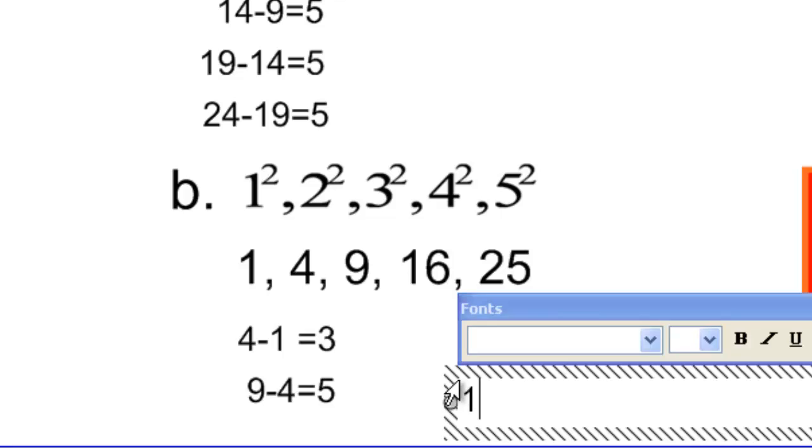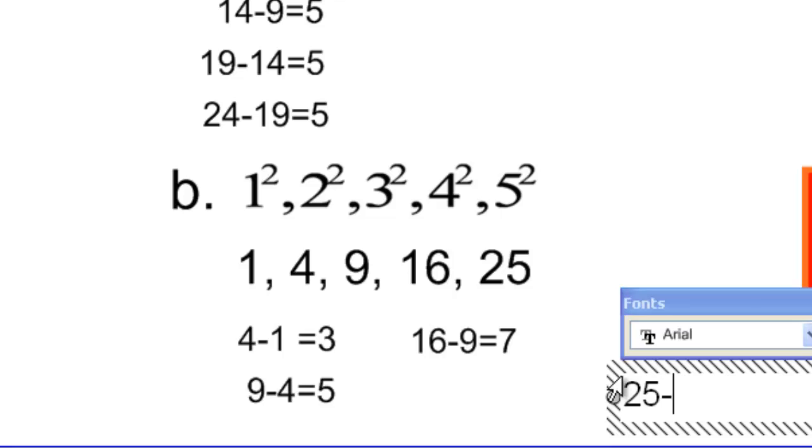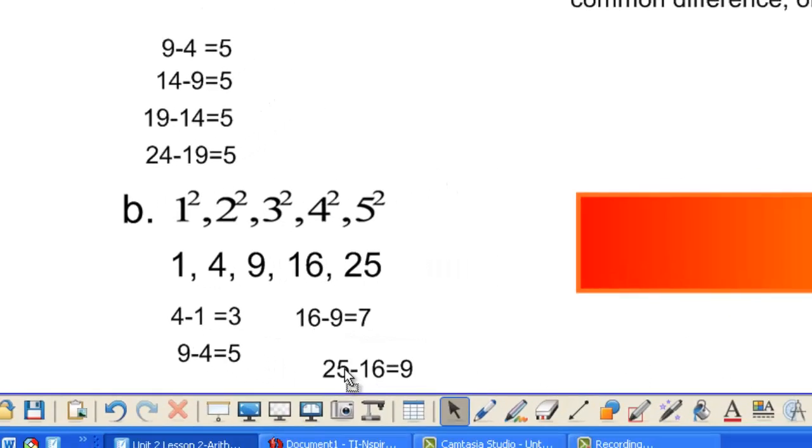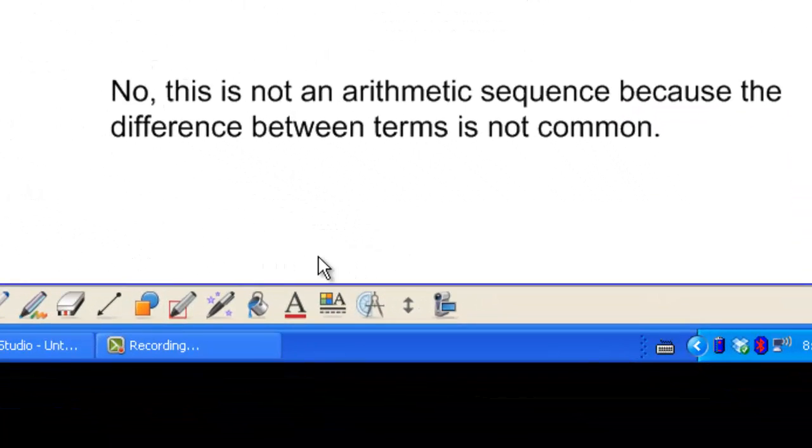Already you can tell I don't have a common difference. I'll keep going. 16 minus 9 equals 7. And 25 minus 16 equals 9. This would not be an arithmetic sequence because the differences between the terms are not common.